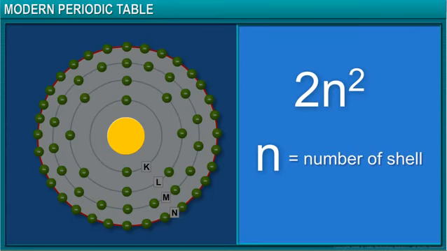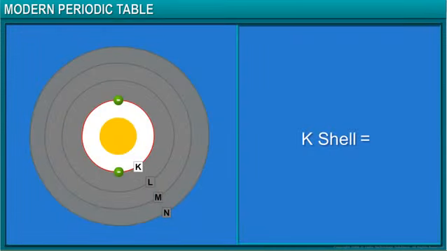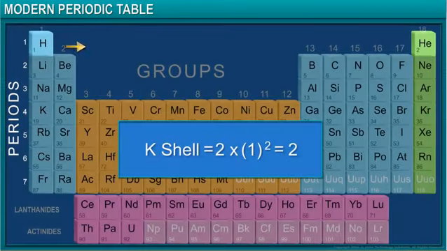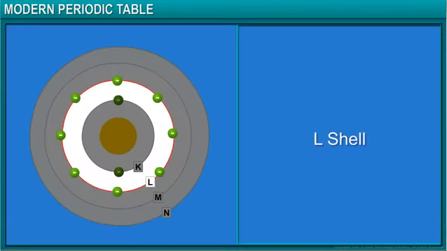For example, K shell is equal to 2 multiplied by 1 raised to the power of 2, which is equal to 2. Hence the first period has 2 elements, that is, hydrogen and helium.